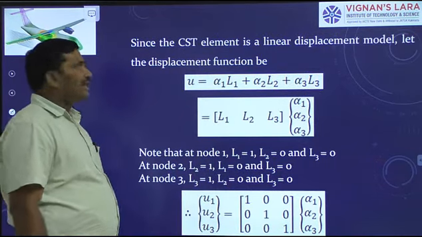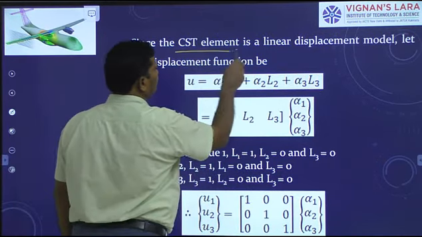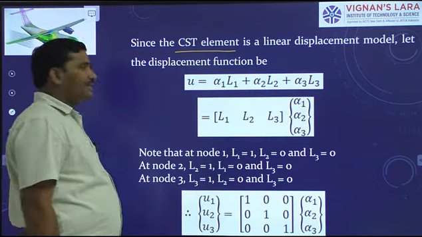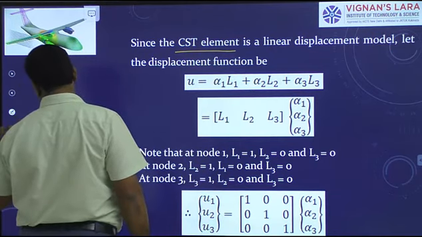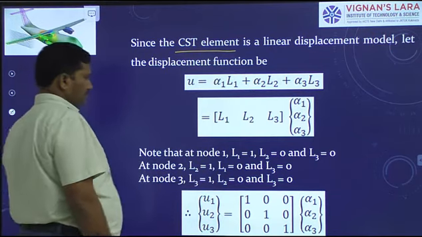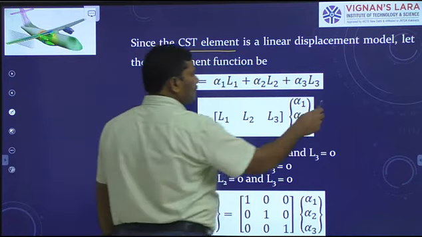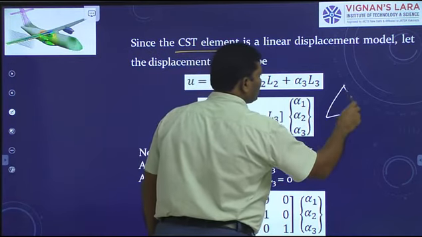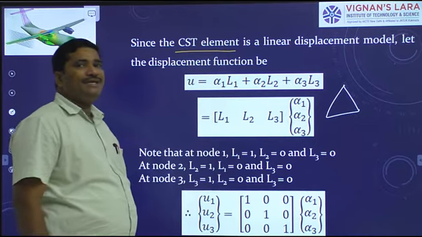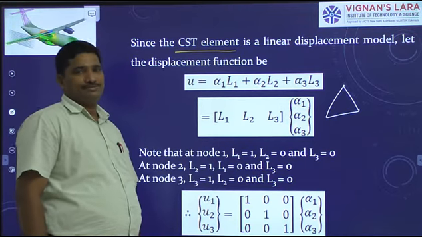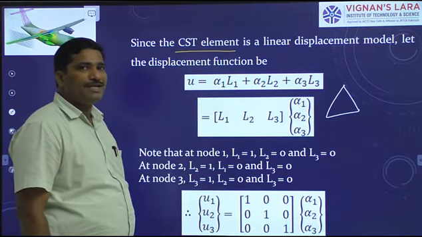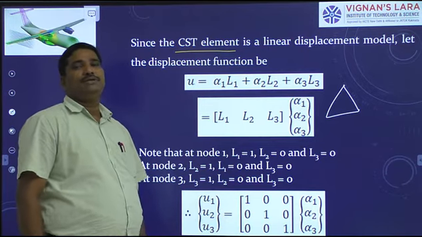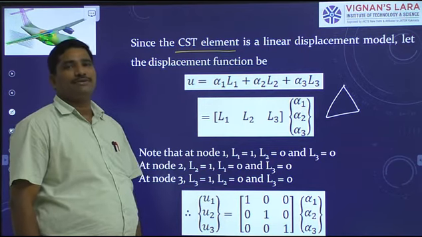Now, for the considered CST element, we assume that the displacement is linear. Why? Because the CST element we have considered is a linear displacement triangle. Therefore, the strain is constant.